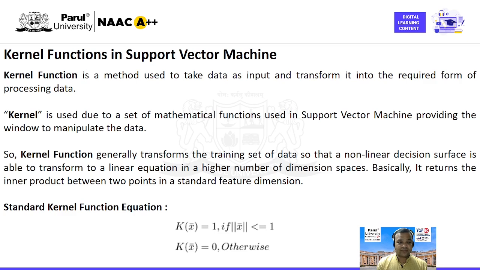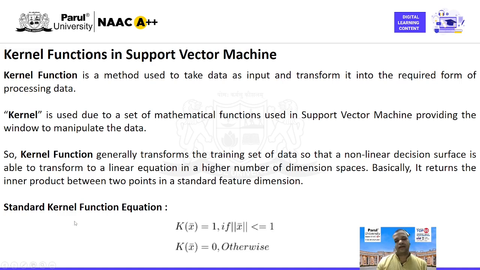Basically, it returns the inner product between two points in a standard feature dimension.